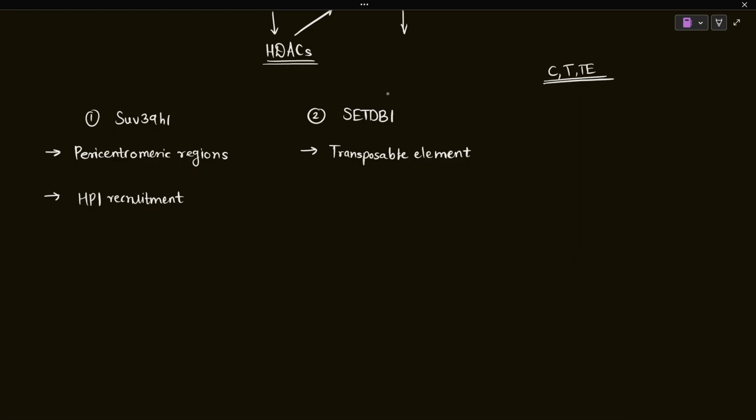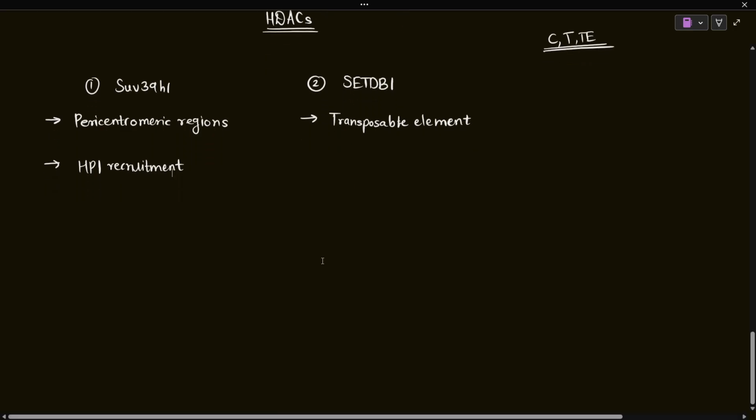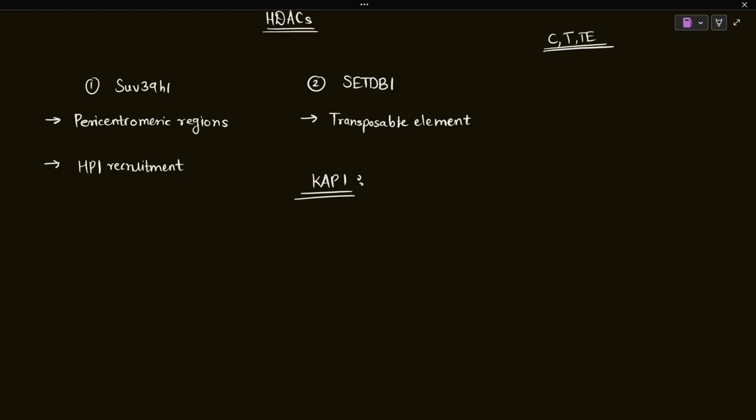But the methylation by SETDB1 is a bit different. There is a repressor known as CAP1, which is a co-repressor, meaning that along with the main repressor, it represses a gene. CAP1 is KRAB associated protein 1.